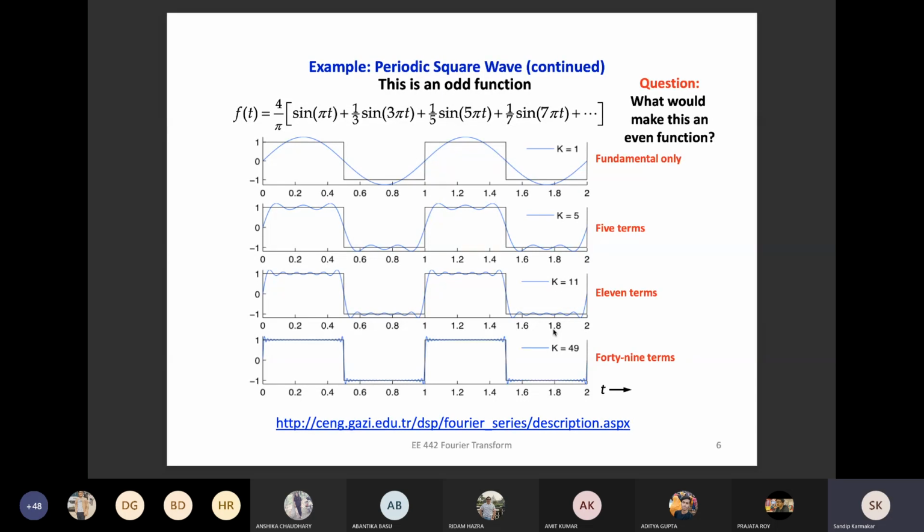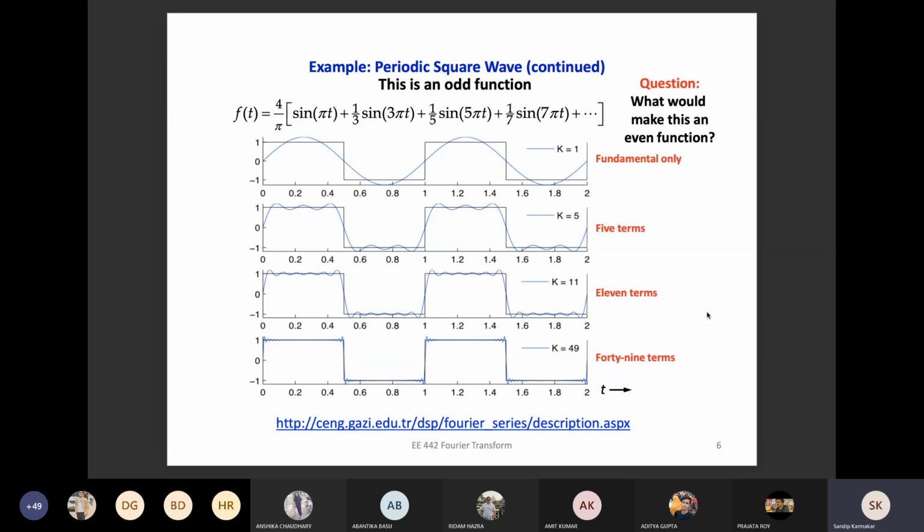For example, if you have only a0, then the wave is like this. I want to match a rectangular wave or a square wave using periodic sinusoidal waves. If I take only the fundamental, or the a0 value only, then I get a signal like that at the top.